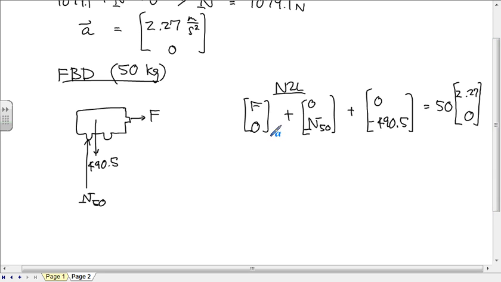And this vector is the force vector acting on the 50 by the 60.